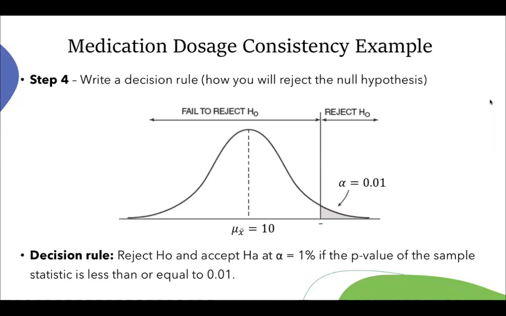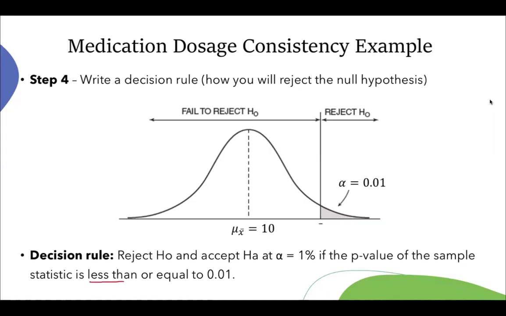You will reject the null hypothesis and accept the alternative hypothesis at alpha equal 1% if the p-value of the sample statistic is less than or equal to 0.01. Okay, so it doesn't matter that this test is on the right.